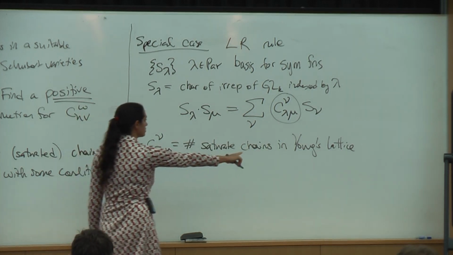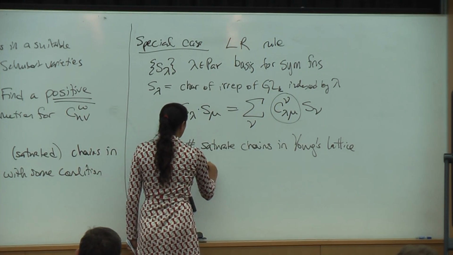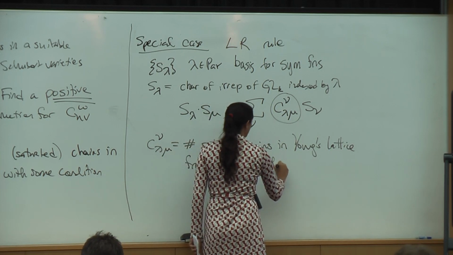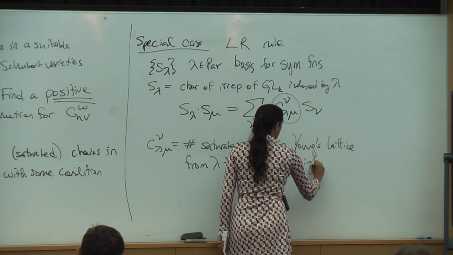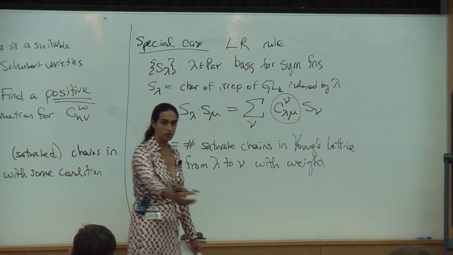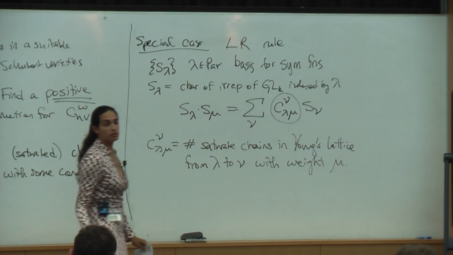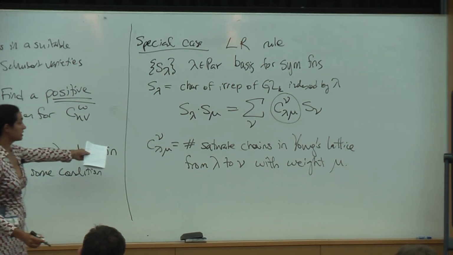So there are saturated chains in Young's lattice from lambda to nu that happen to have something called a weight, a statistic you can fill in, which gives you a partition back, and the weight that I want is the weight mu. So I take certain chains in Young's lattice, and that gives me these.